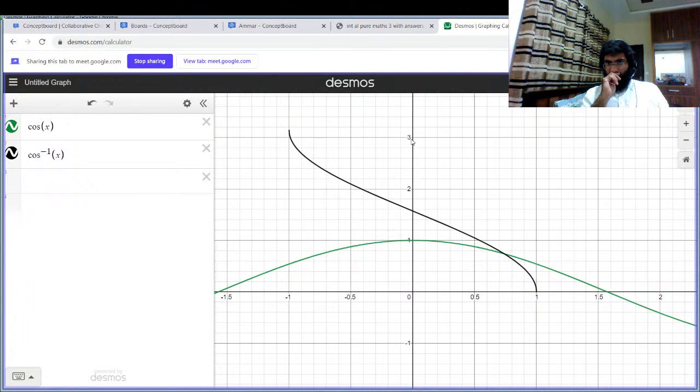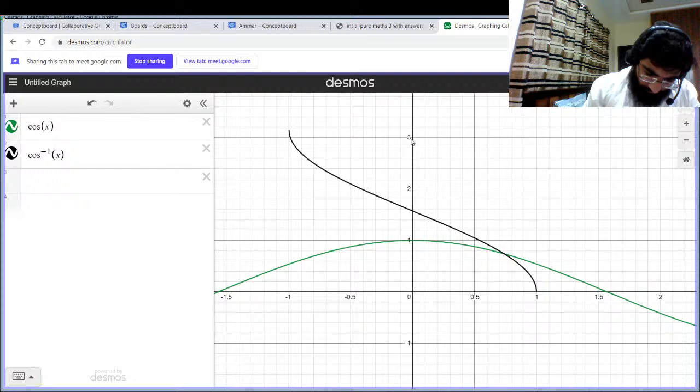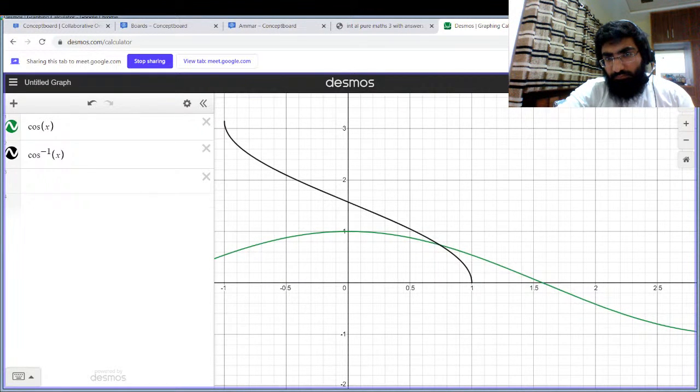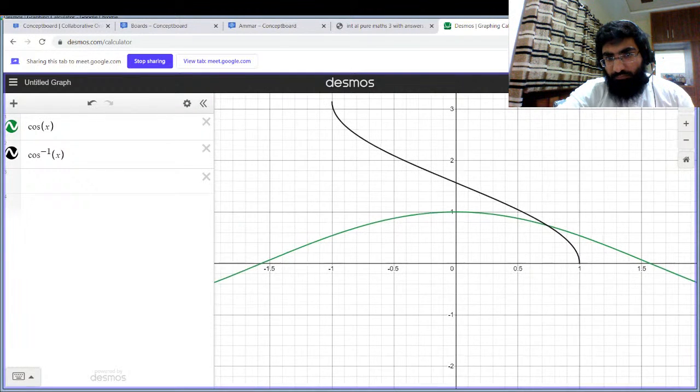But how would I draw a rotation? Here we can see that 1.5 is a thing. So 2x plus 1, cos of 2x plus 1. Sir, can you put 2x plus 1? So it will be cos of 2x plus 1.